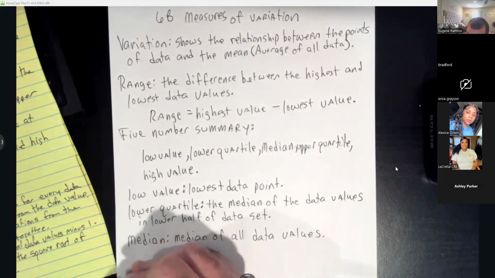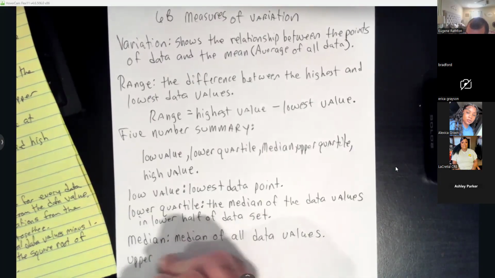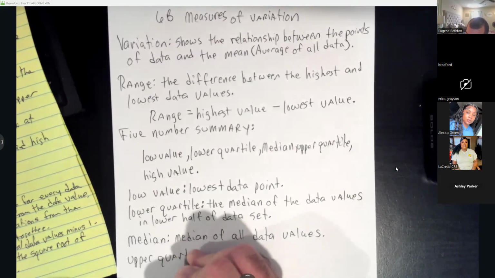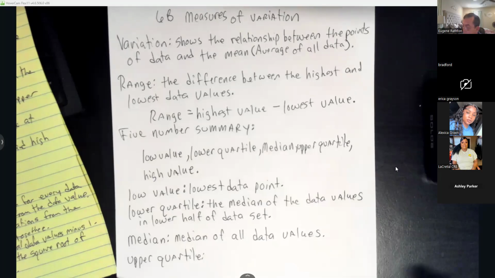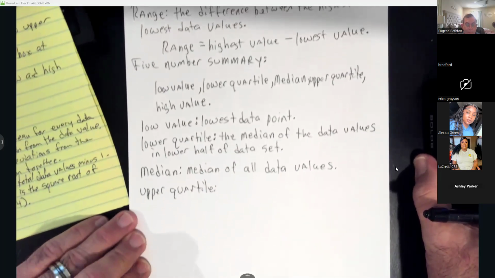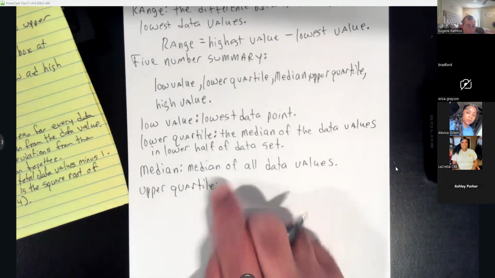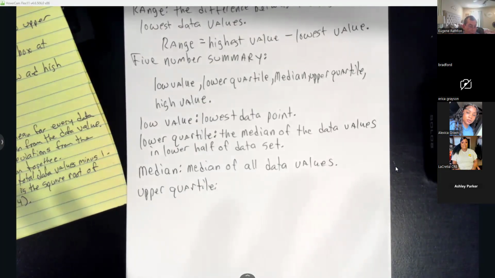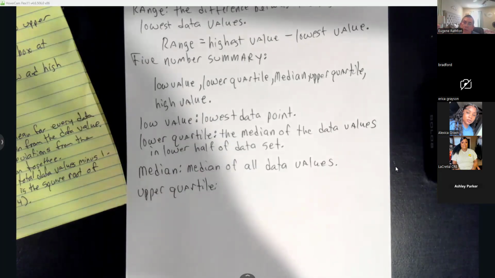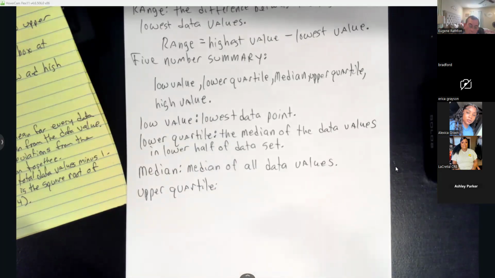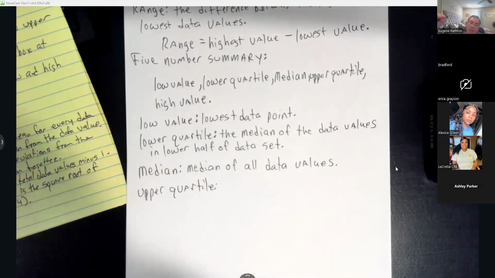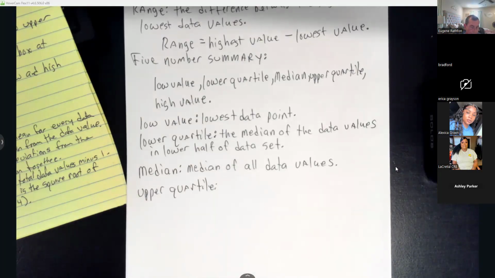All right, then we had our upper quartile. So y'all, the upper quartile, it divides the upper quarter from the bottom 3/4. So it's like at the 75%, okay? It's dividing the lower 3/4 from the upper fourth.